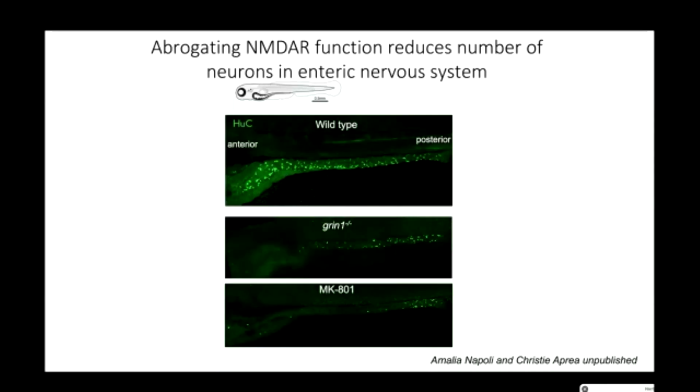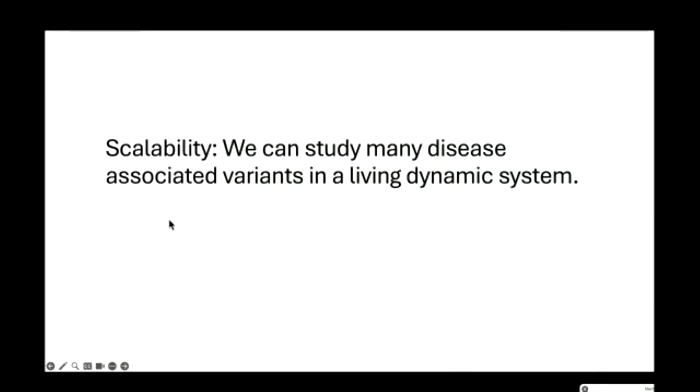And we think this stems from a defect in a cell population called the neural crest. We think that may be, and we're looking into this further, a really strong contributor to what's going on in terms of GI symptoms in GRIN patients, because these are the neurons that are involved in peristalsis and moving things through the GI tract.